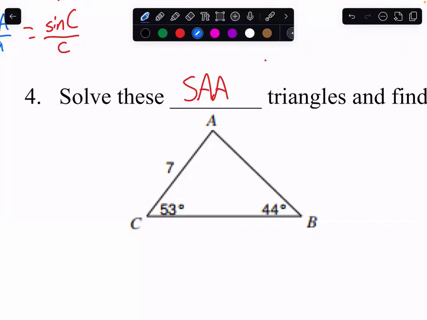In order to use the law of sines, let's first label all the sides with their letter names. Opposite capital A will be lowercase a, and opposite capital B will be lowercase b. So even though that's already labeled as 7, go ahead and fill in that b equals 7. And then over here, this side will be lowercase c.